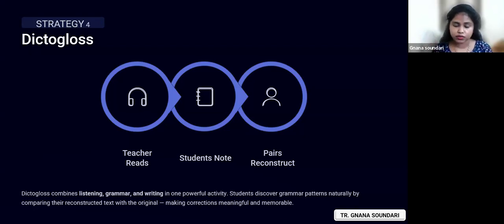Whenever you are doing any activity in the classroom, please make the children sit in pairs or in groups. That goes well. So why does it work? When I am reading a short paragraph, my students have to take notes.